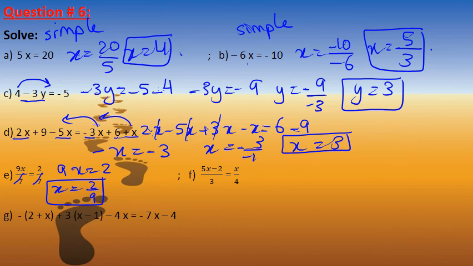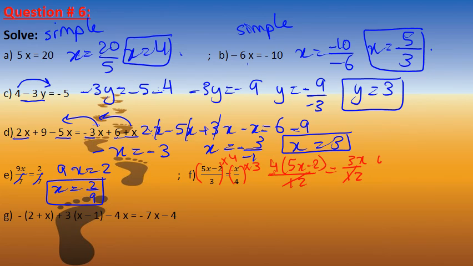Here, both sides of the equation are not divided by the same number, so here we should multiply the first side by 4 and the second side by 3. Then we have 4 into 5x minus 2 over 12 is equal to 3x over 12. Now we can cancel 12 over 12.